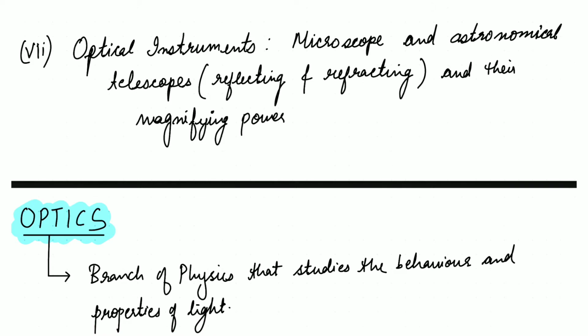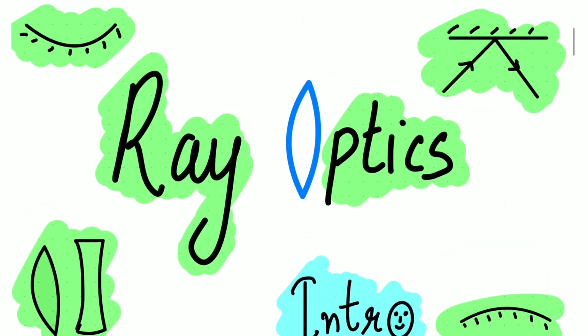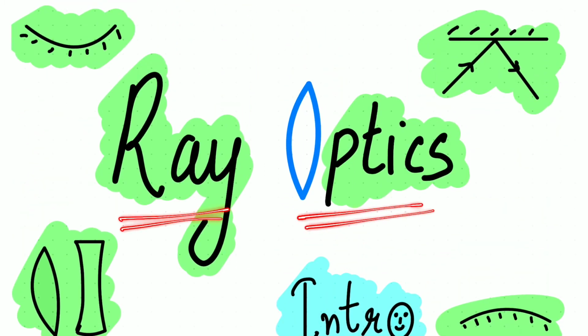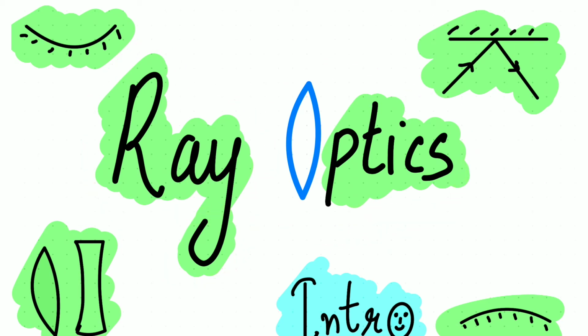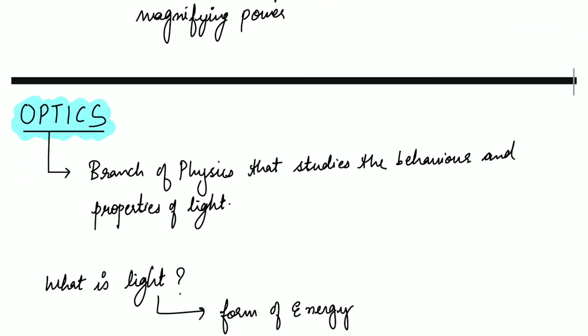What are the different properties of light, how light behaves when you have different obstacles in its way, all those studies come under the branch of physics which we call optics. As the topic says, ray optics, optics means we are studying light, but ray means we are studying the ray aspect of light. All right, let's move forward.